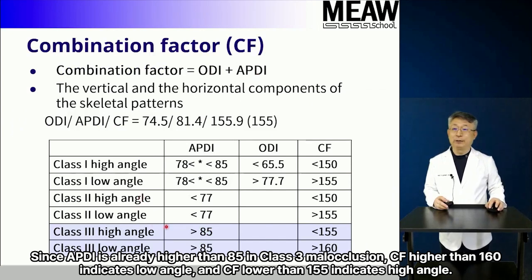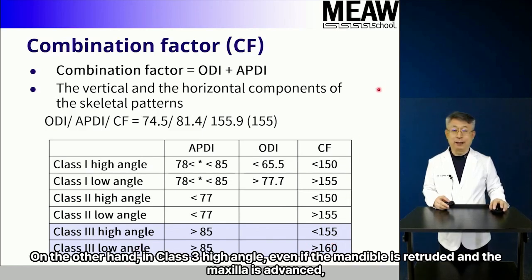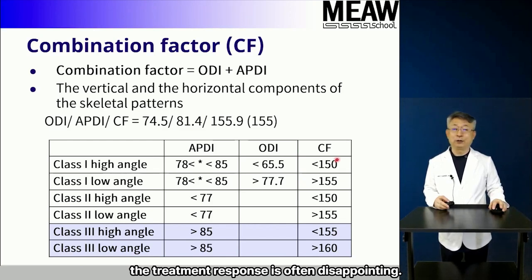Since APDI is already higher than 85 in Class 3 malocclusion, CF higher than 160 indicates low angle, and CF lower than 155 indicates high angle. Class 3 low angle type is favorable to orthodontic treatment. On the other hand, in Class 3 high angle, even if the mandible is retruded and the maxilla is advanced, the treatment response is often disappointing.